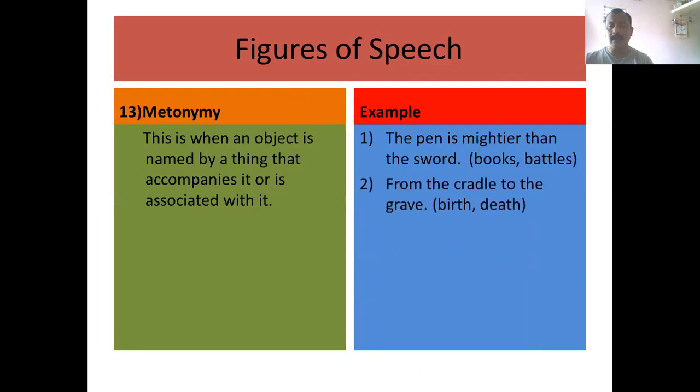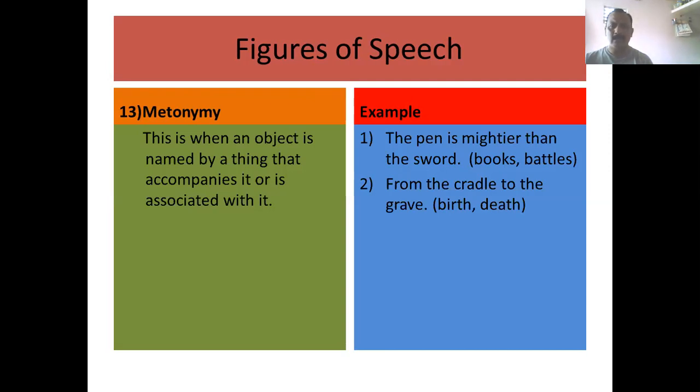Then another example is there, from the cradle to the grave. Cradle is the place where the newborn child is lying or sleeping. So cradle refers to the birth, and grave is the place where the man is buried or where the last rites are performed. So grave refers to the death.